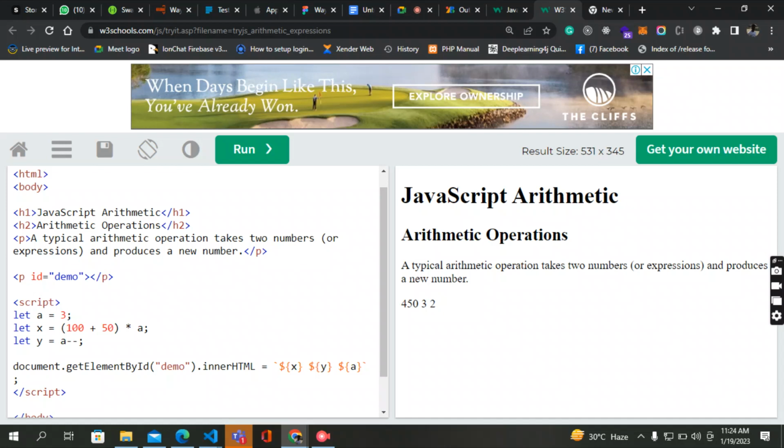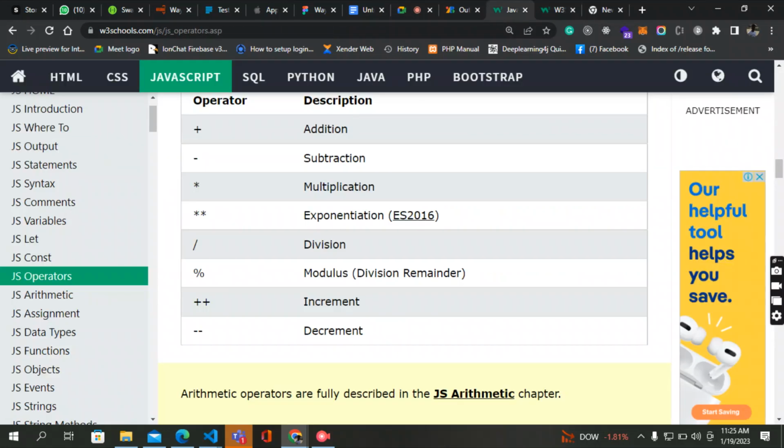That means the value of A decreased, but it was after it had been added to this variable y. So that is why variable y is still holding 3, and then the value of the operation changes with this A minus minus. So the same thing applies to the plus plus as well. Do you get it now?